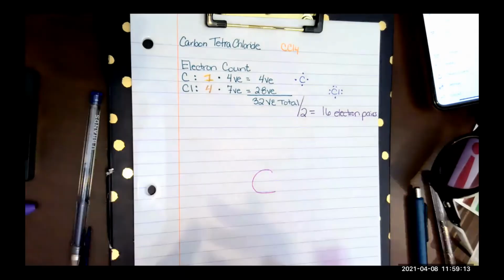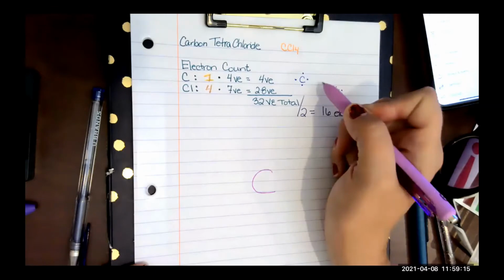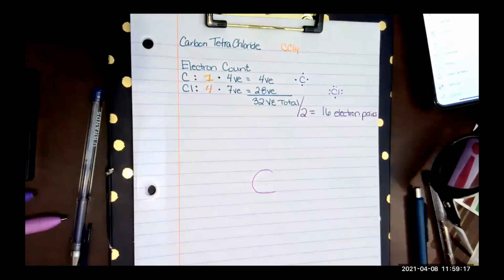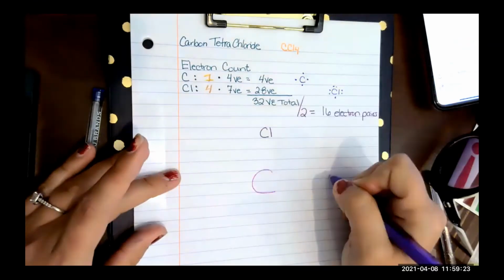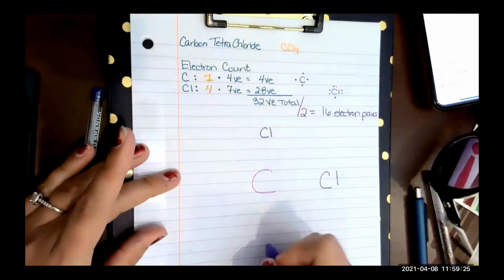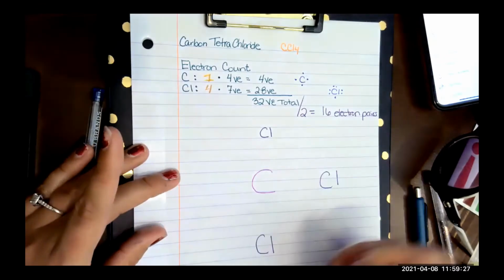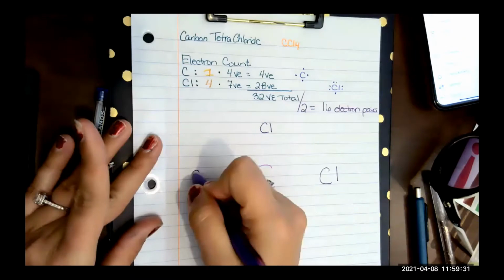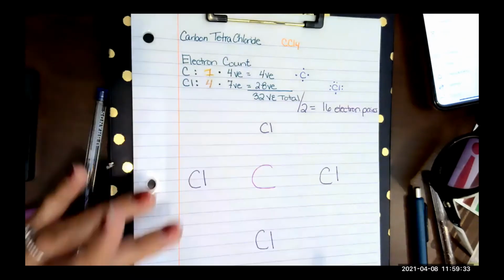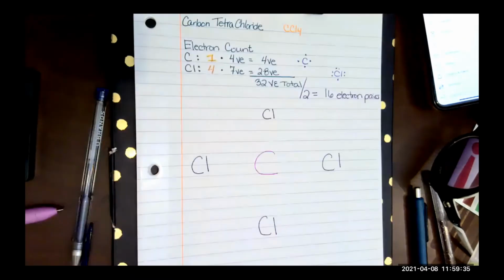You're going to put one chlorine per side. So I'm going to put 1 chlorine up here, 1 chlorine over here, 1 chlorine down here, and 1 chlorine over here. Okay, now that I have everything set up, the very first thing you do is put in one bond for everything, because at a minimum there has to be 1 bond for everything.